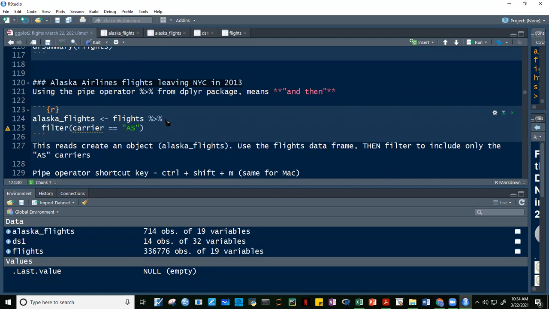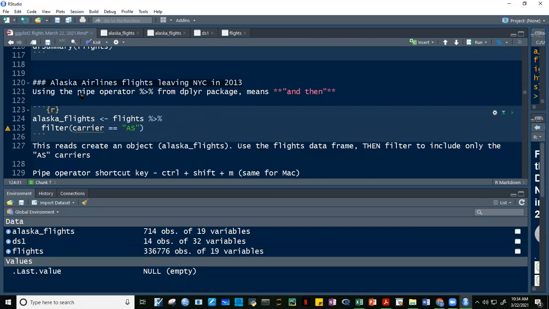But it's faster if you press Control Shift M. Keep going. Control Shift M. On Mac I think it's the same. So you try that, guys. Control Shift M at the same time, and then you're able to write your pipe operator.